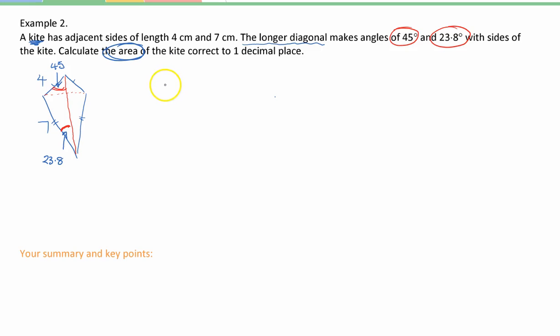What we're going to do is find the area of half the kite. So we'll need this side, which is 4, this side 7, and we'll need the size of that angle. Well, at this stage we don't have that. We've got a 45 there and a 23.8 there.